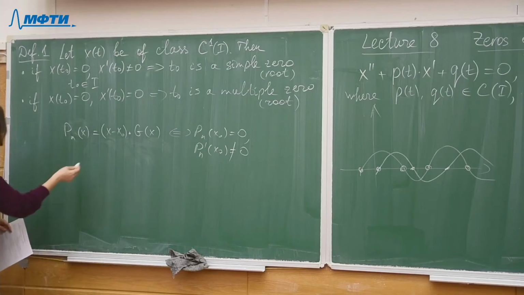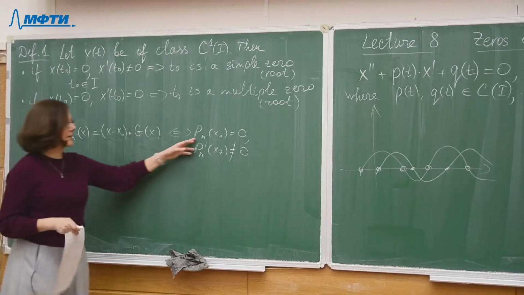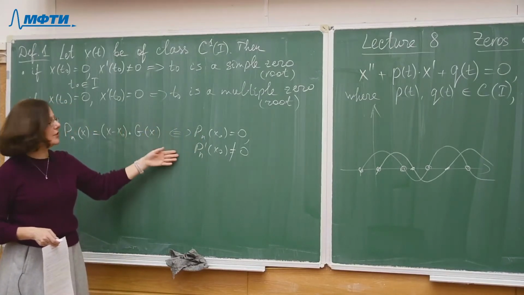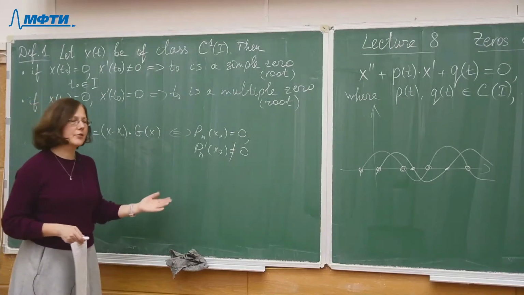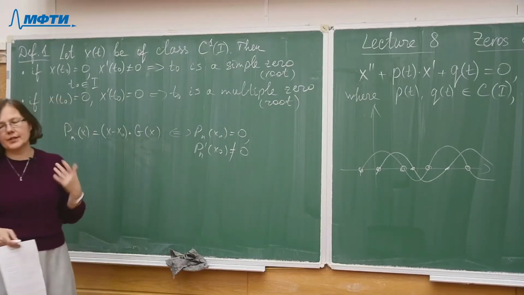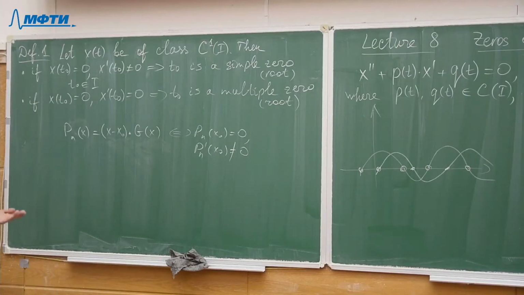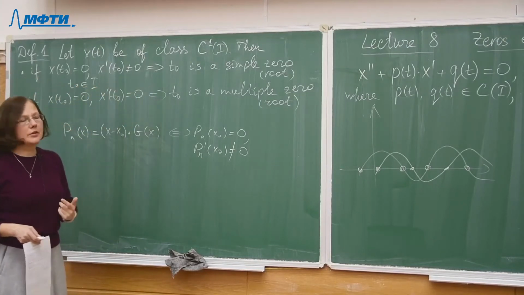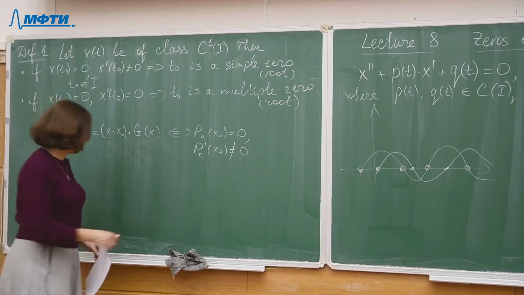And a multiple root is the same as to say that Pn of x0 is 0 and the derivative of this polynomial at x0 is also 0, right? So this definition matches the one of simple and multiple zeros for polynomials.